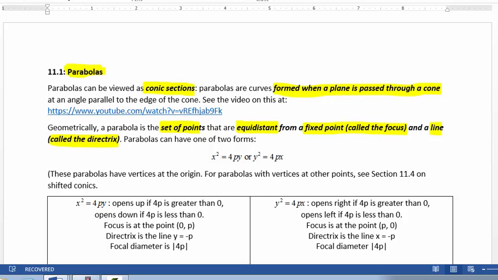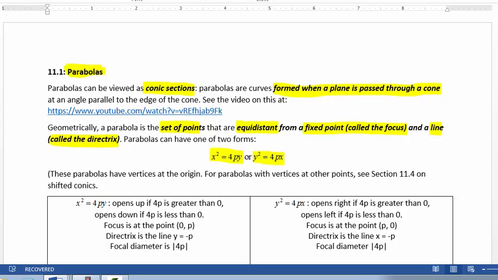And we're going to have two different forms of equations for parabolas: x squared equals 4py, or y squared equals 4px. And just so you know, we're only dealing with parabolas that have their vertices at the origin.